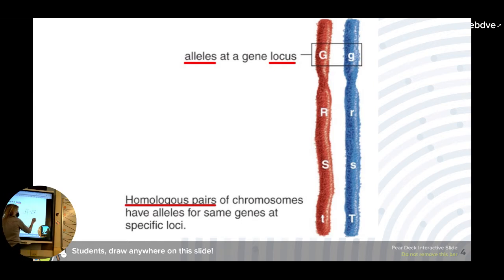So that's why when I'm writing those gametes, I write big R, big T, big R, little t. But I could also get the little r with the big T, or I could get this little r with a little t. That's independent assortment. Okay, is that clear in your head? Questions you want to ask me about that?